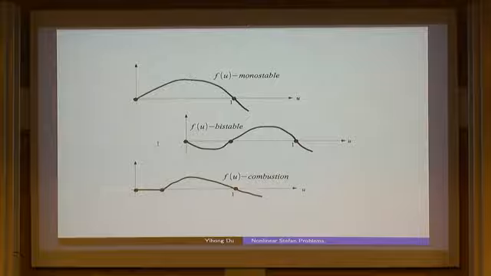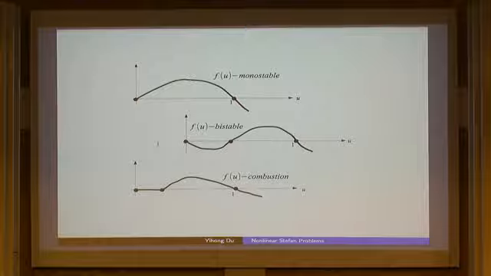Using a graph to describe these, a monostable f is positive between 0 and 1, and negative after 1. So 0 and 1 are zeros of f. It's called monostable because if you consider the corresponding ODE problem, 0 and 1 are stationary solutions, 0 is unstable, 1 is stable.